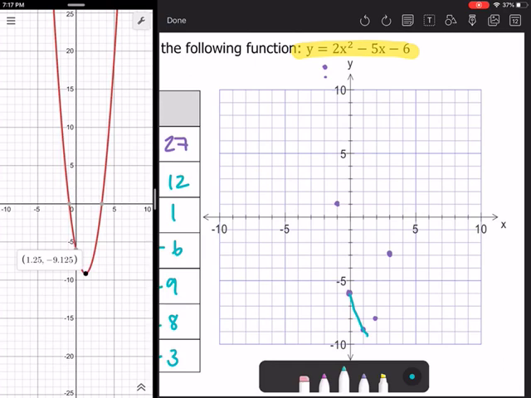No harm in restarting. And it continues on. I'm going to draw arrows at the end. And I'm going to do the same thing on the other side.